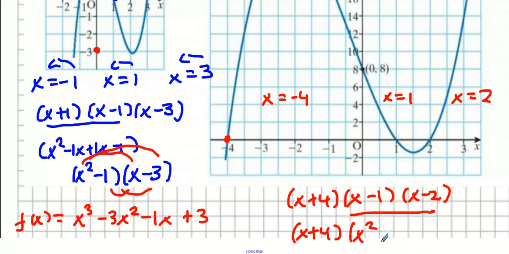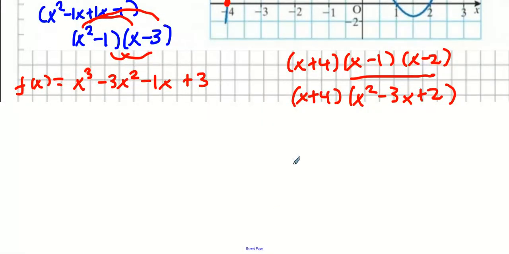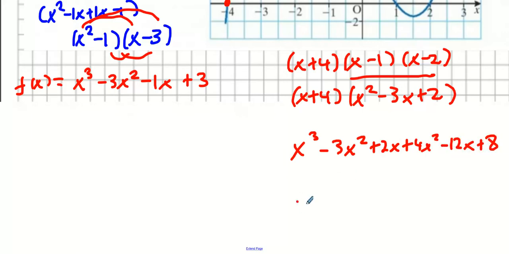I'm going to get x squared minus 3x plus 2. Going to multiply this out. I'm going to get x cubed minus 7x squared minus 10x.